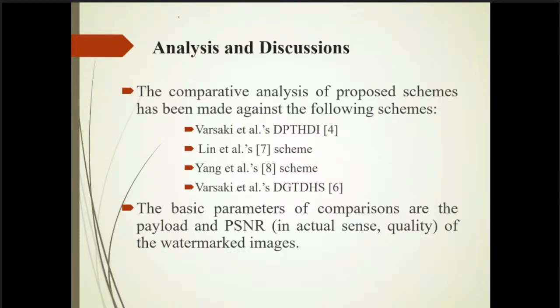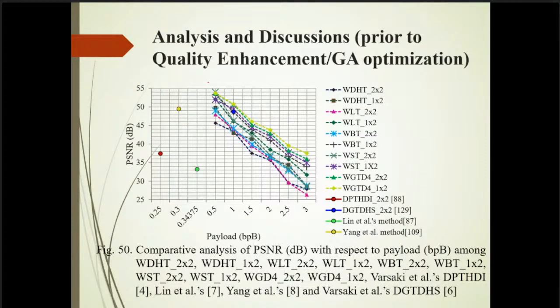So all these 4 methodologies we have used and compared for our work. This is one of our researchers, our scholars. You see the existing methodology, whatever we have got, they didn't go for any variable payload here, but ours is variable payloads, and you see we have gone up to 3 BPP, but they have gone for 0.25 and 0.34, something like that.